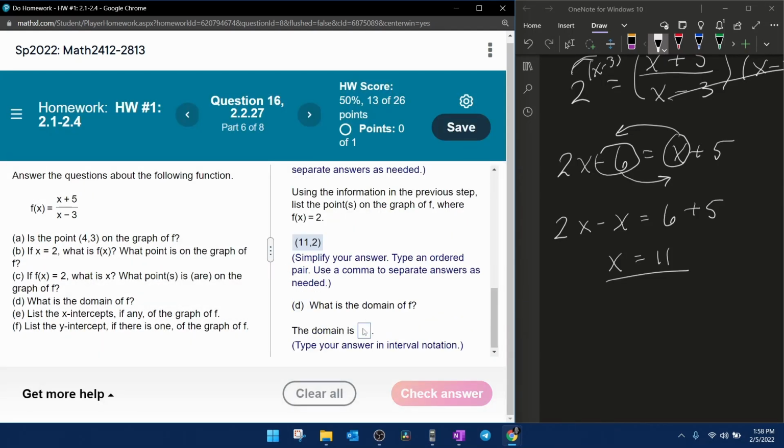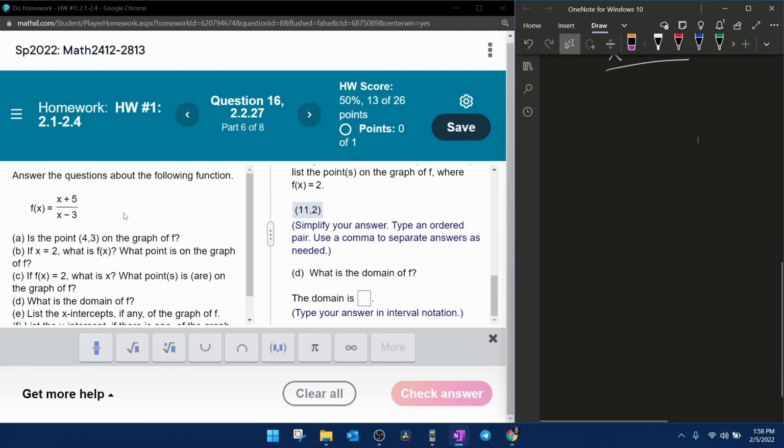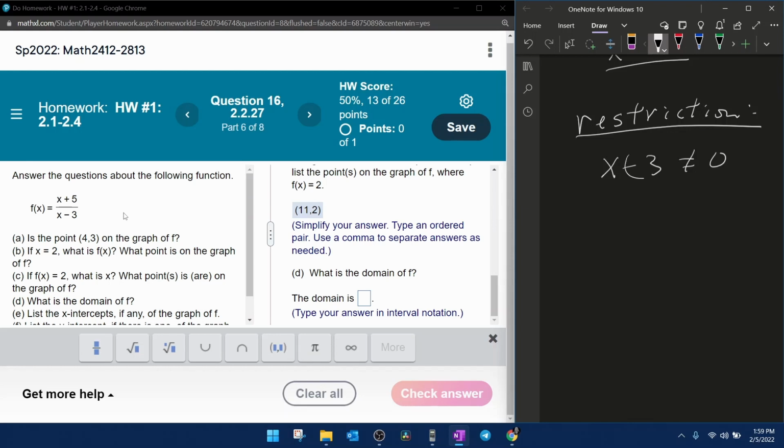What is the domain? Well, we know that a rational function has a restriction. The denominator cannot be 0. So the first thing I need to do if I'm looking for the domain here is I need to find the restriction. And remember, a rational function says the denominator cannot be 0. So in this case, x cannot be 3.